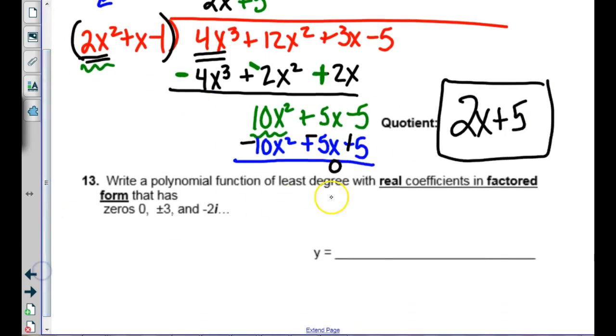All right, how do you write a polynomial with real coefficients that have these factors? Factored form. So if there's a 0, what's the factor? X. If there's a plus or minus 3, then there's a factor of plus or minus. Okay, wait.